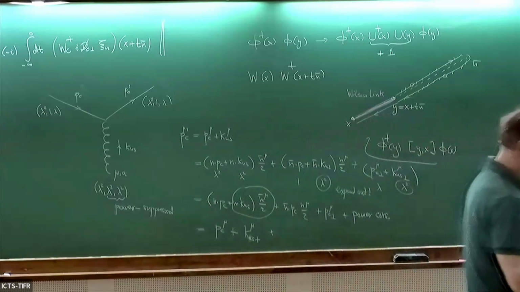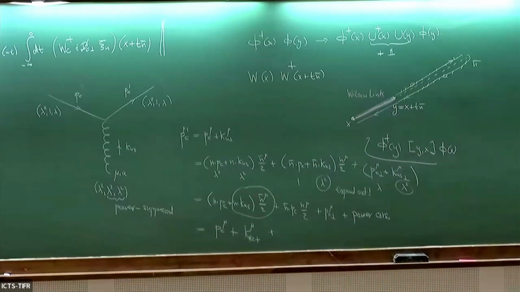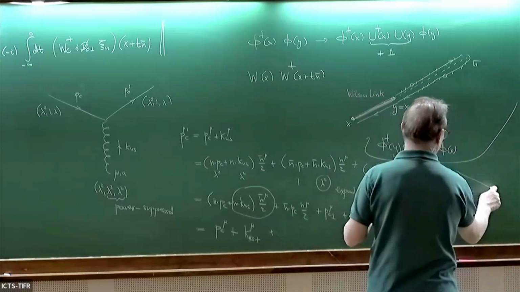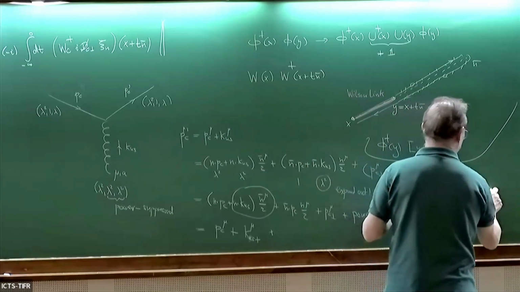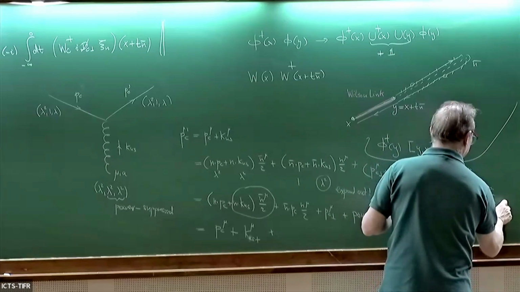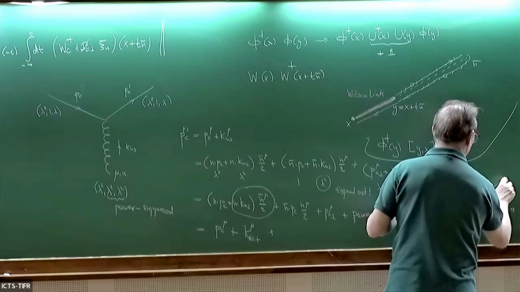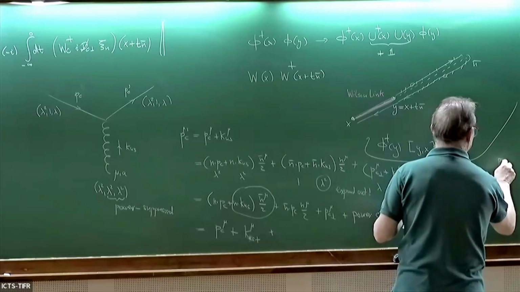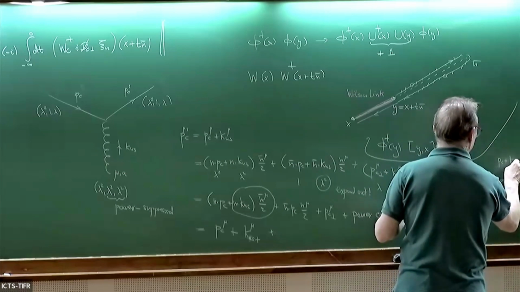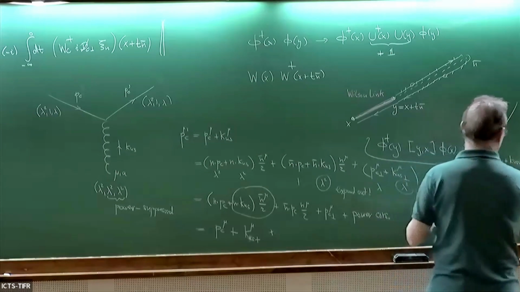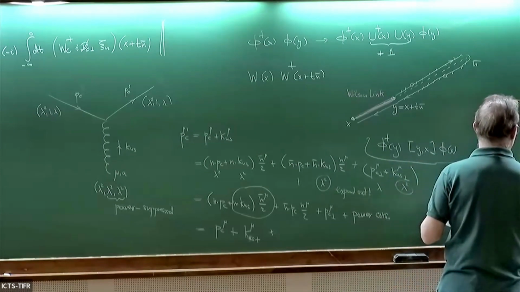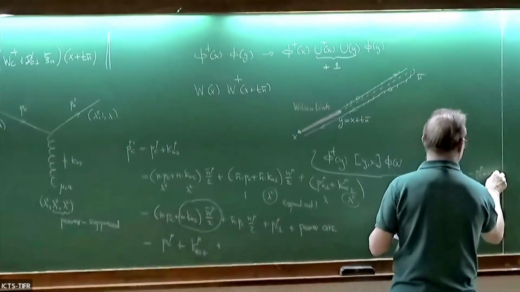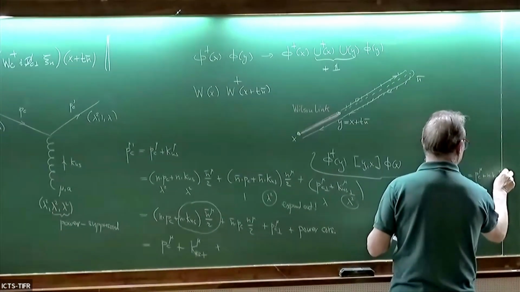Now, how do you implement this at the level of Feynman rules? So basically, the correct Feynman rule should really be for this vertex: you have a collinear momentum coming in, you have this vertex with a k_us, and what goes out has momentum p_c plus k_us plus, which is the same as p_c mu plus n·k_us n-bar mu over 2.